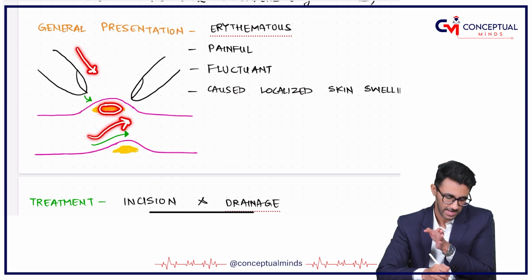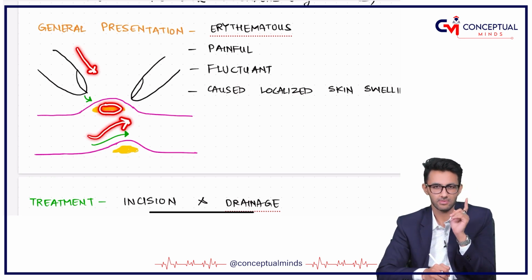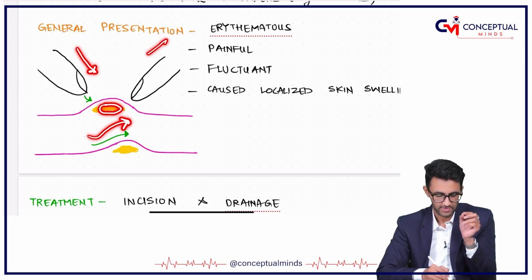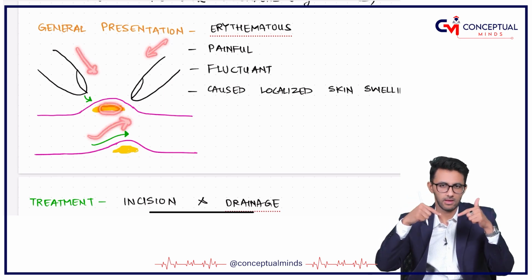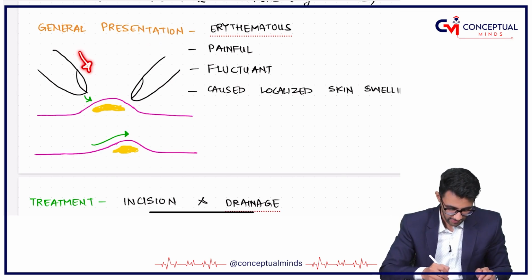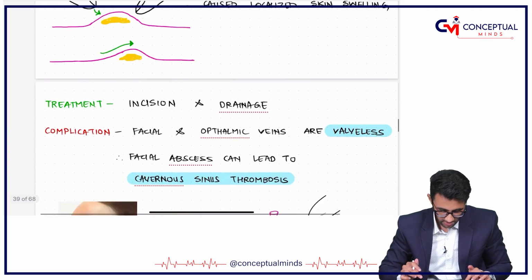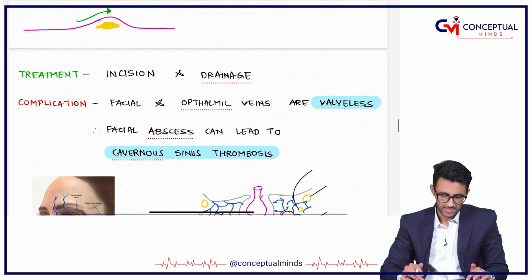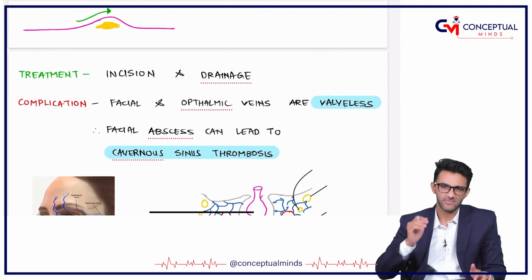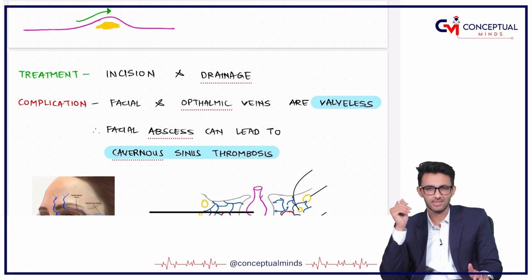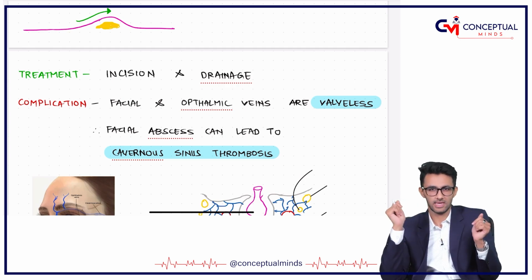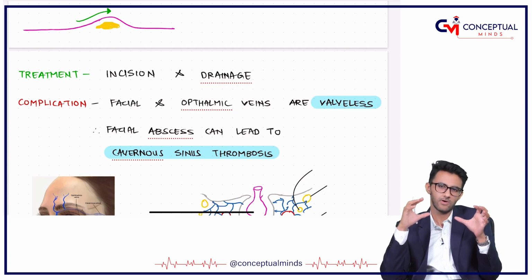That is the reason we should test this with two fingers, not with one, so that we can feel it, because if the abscess is deep, we can feel it from both ends. So the fluctuant test is positive. For all the abscesses we read in all of medicine, the first treatment is going to be incision and drainage, and for sure we will give antibiotics to the patients before performing this, so that we can reduce the size and the aggressiveness of the abscess.